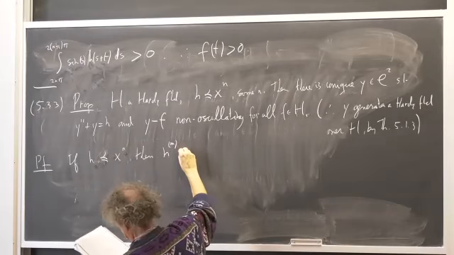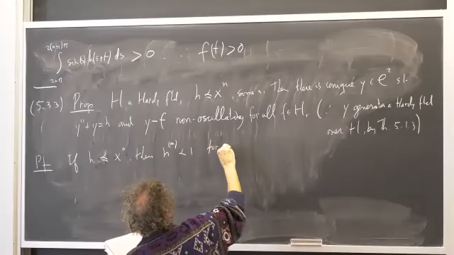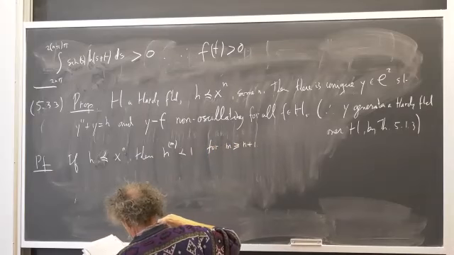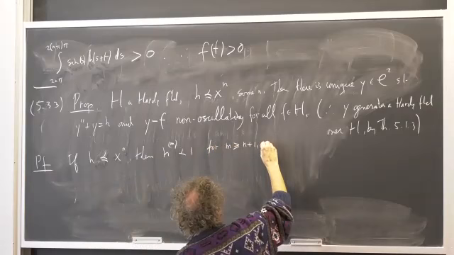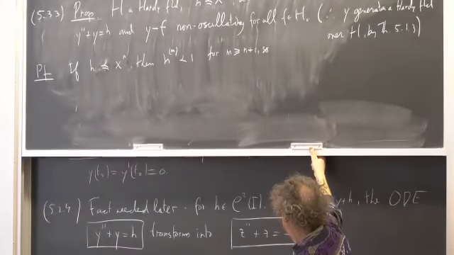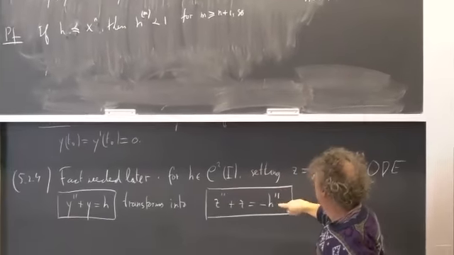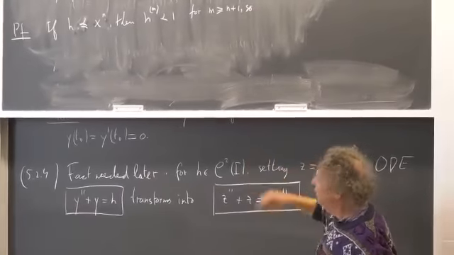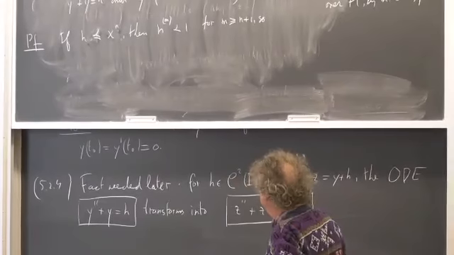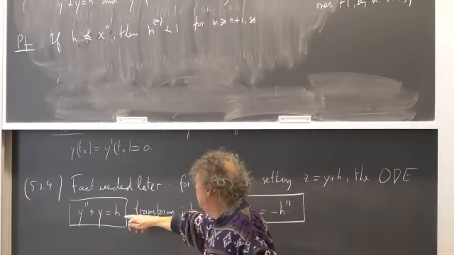So h^(m) is infinitesimal for m greater than or equal to n plus 1. So here you can change h to the second derivative. If you do that a finite number of times, you change your equation into one where the right hand side is infinitesimal.